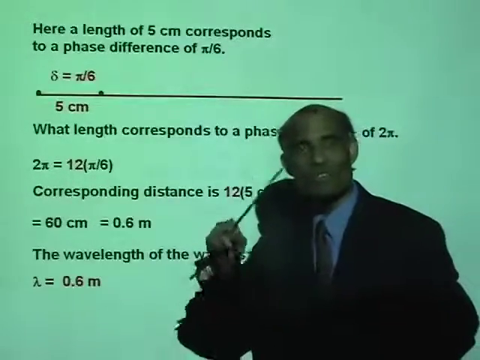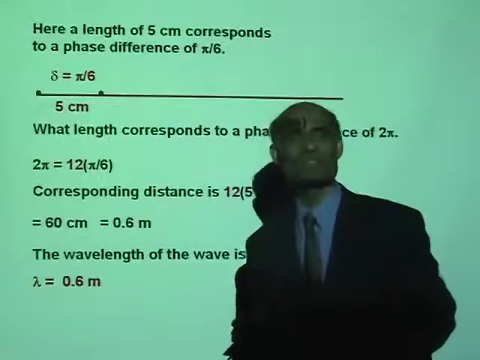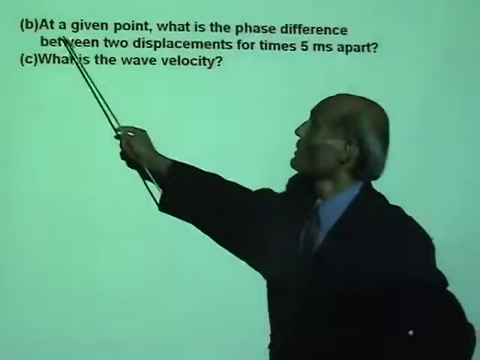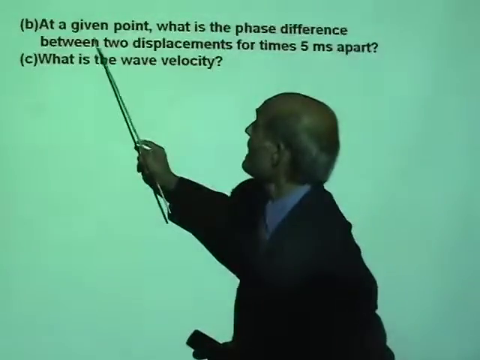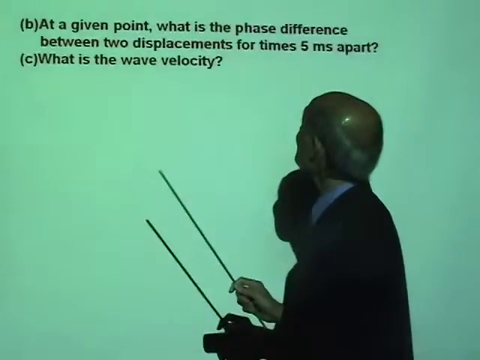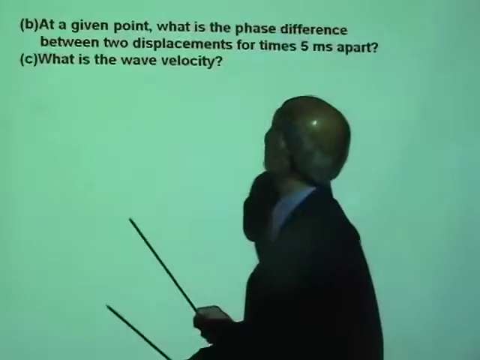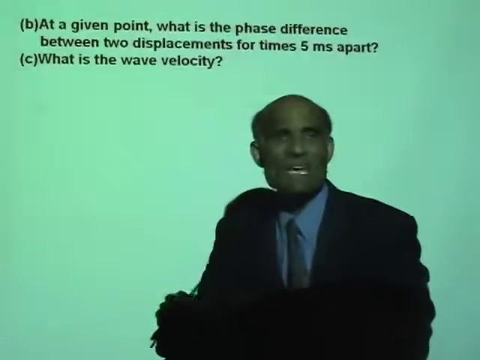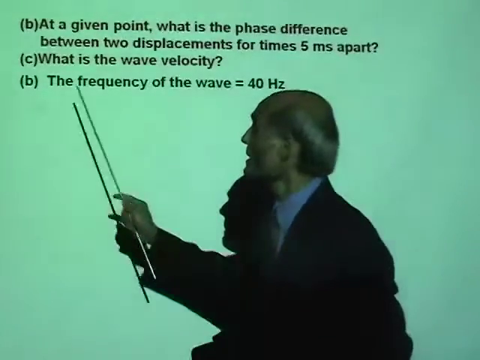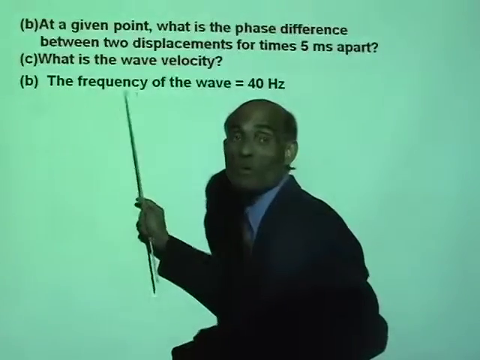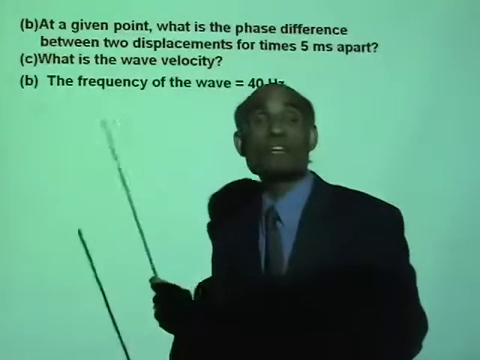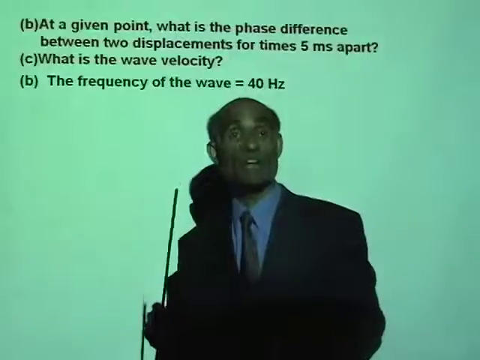I hope you understood or followed the argument I am using. Now, in part B, at a given point, what is the phase difference between two displacements for times 5 milliseconds apart? Now, what is the information we know? We know that the frequency is 40 Hertz.